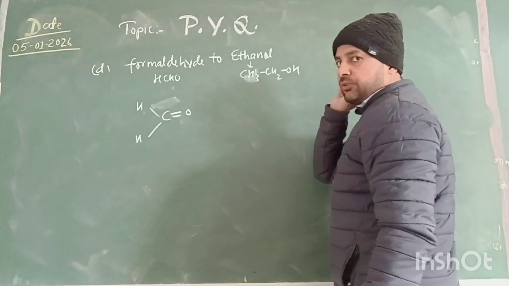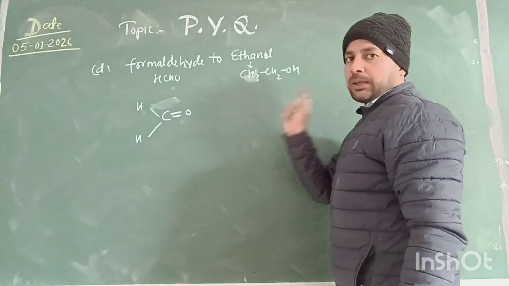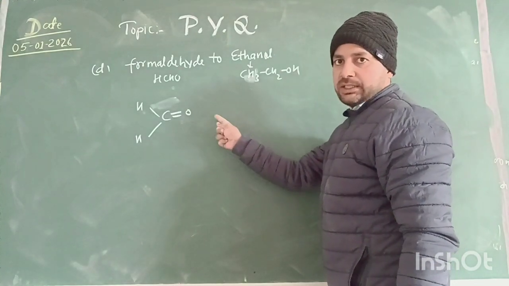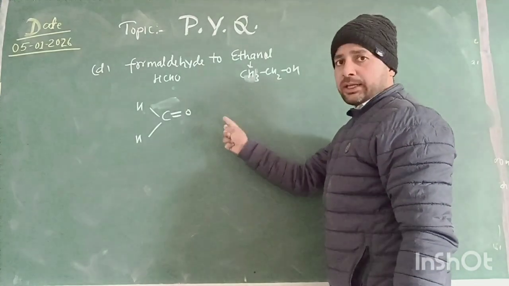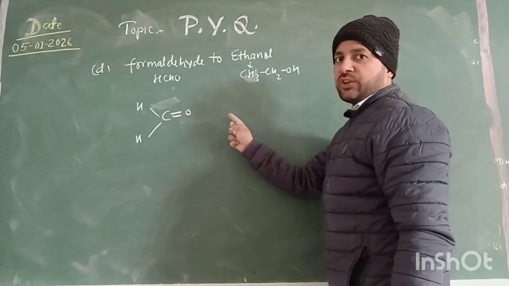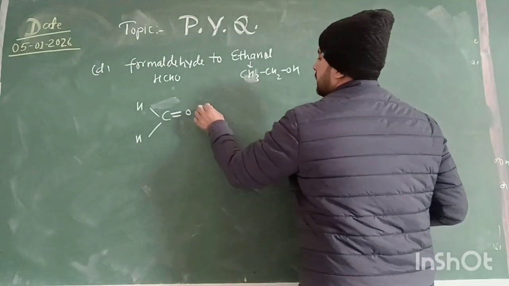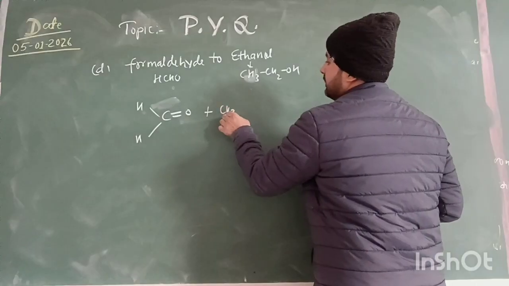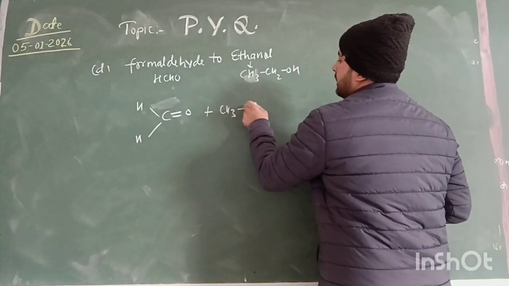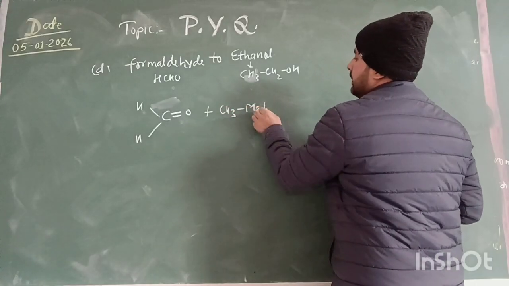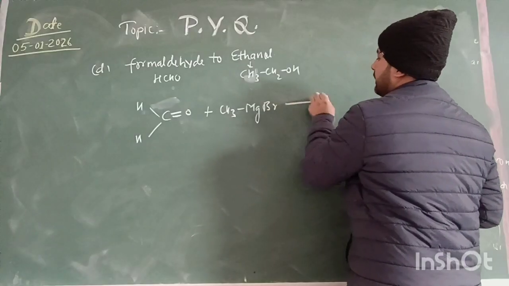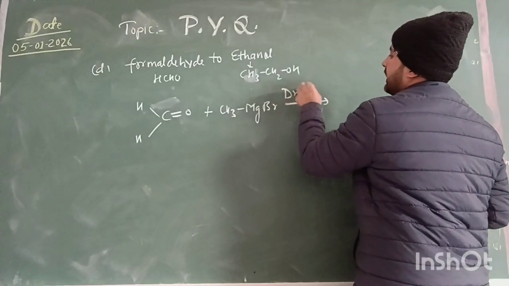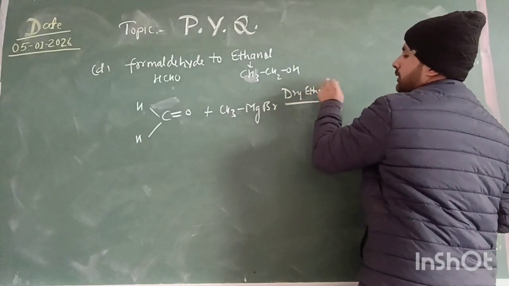There is a very famous reaction. When a carbonyl compound is reacted with a Grignard reagent, it will produce different types of alcohol. Okay. So what will happen? We will react it with the Grignard reagent, methyl magnesium bromide, in the presence of dry ether.